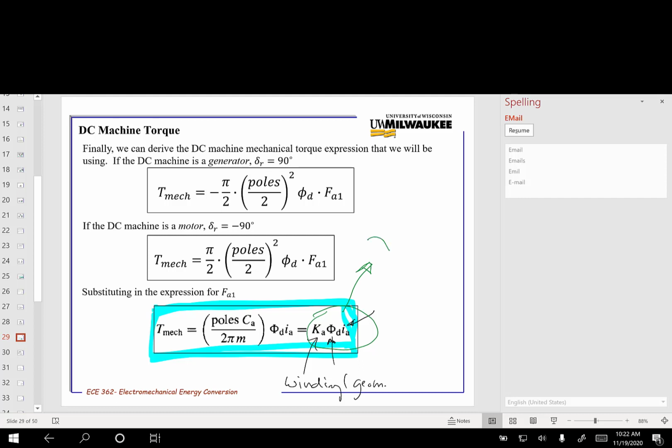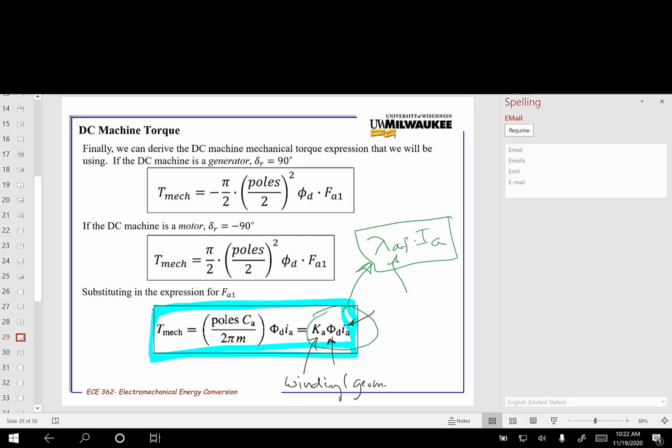This really is lambda AF times IA, the armature current. That's if you take the drives class, the first thing we talk about, teaching that next semester. So there's the inductance LAF right there.